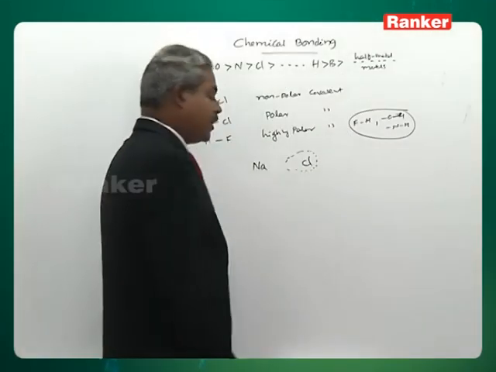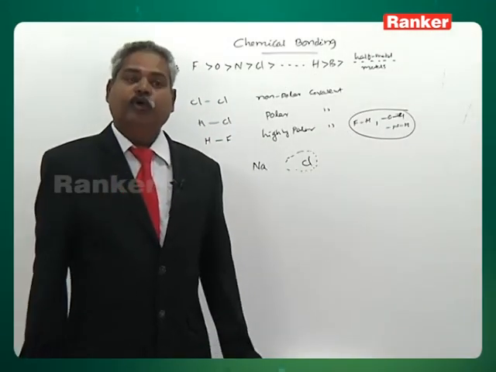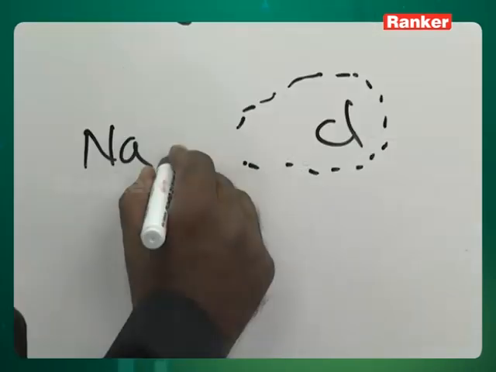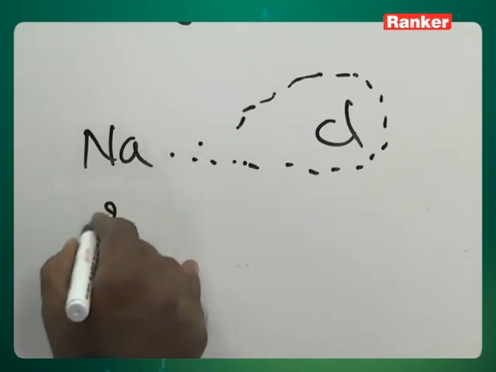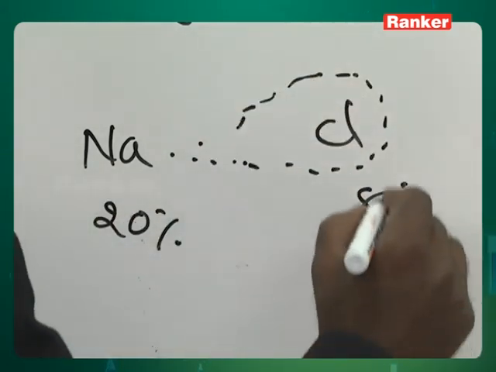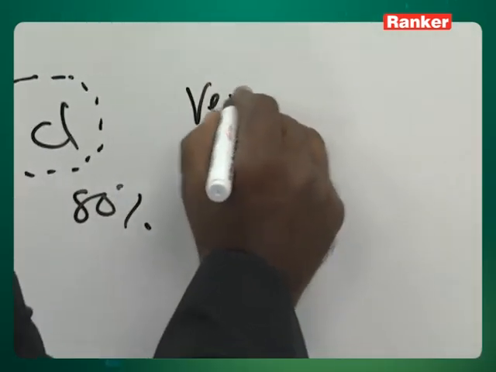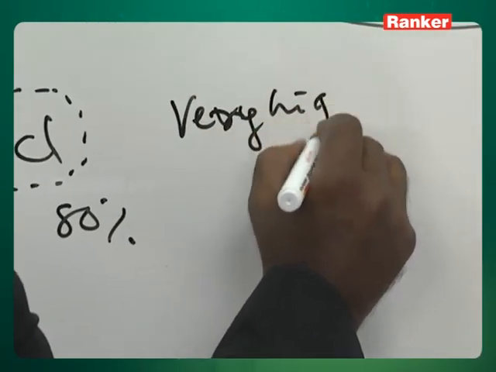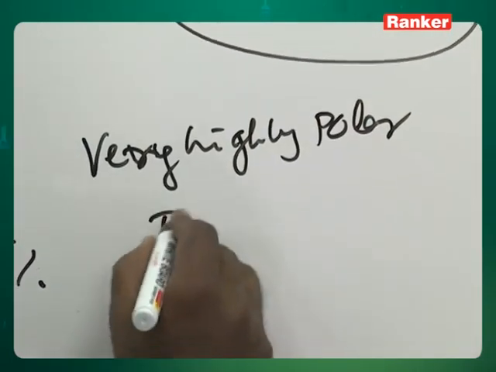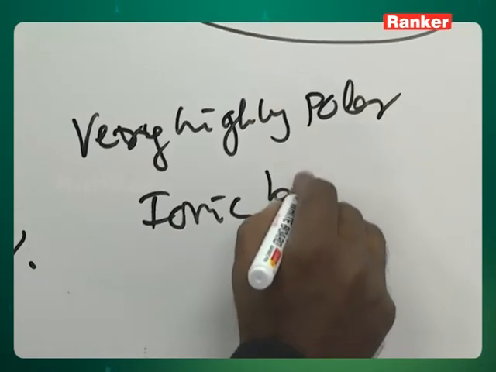But it doesn't mean that they will never come back to sodium. They come back to sodium, but only for a very, very short time, say 20% of the time here, 80% of the time there. This is a very highly polar covalent bond, which we call an ionic bond.